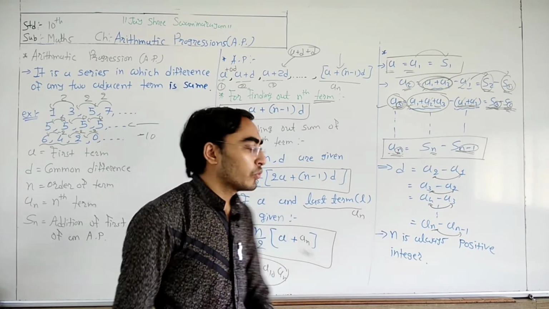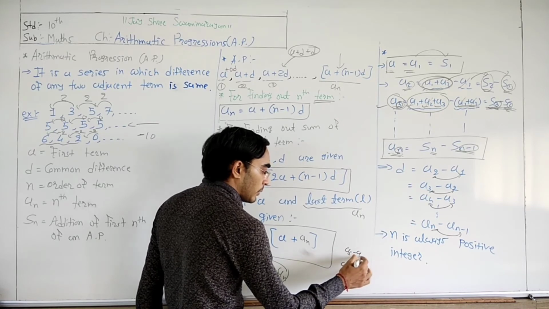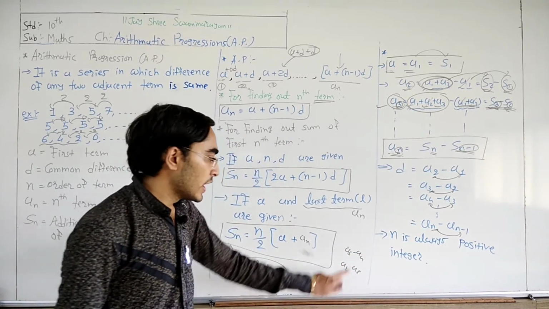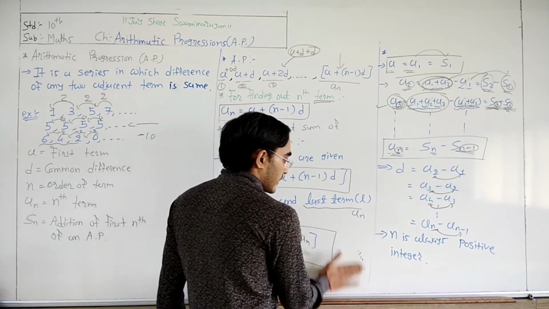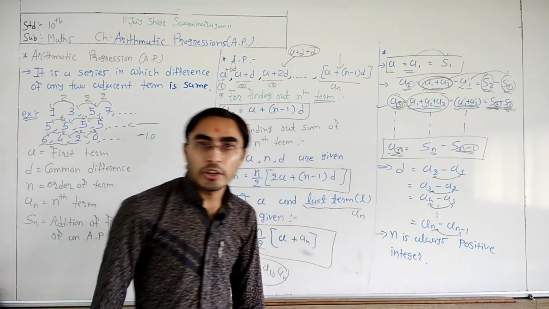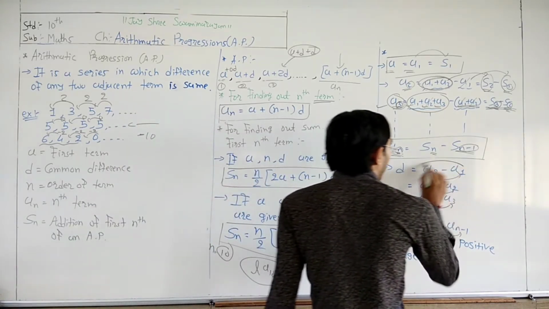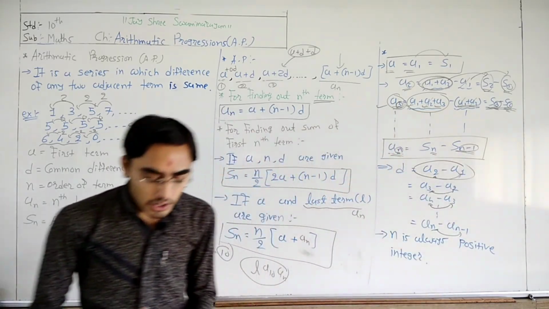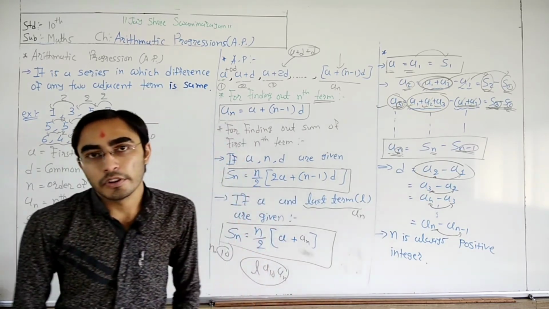That means if you select A4 and A5, you need to subtract A5 minus A4. The higher order term you need to take first. But most of the time we just use the formula A2 minus A1.